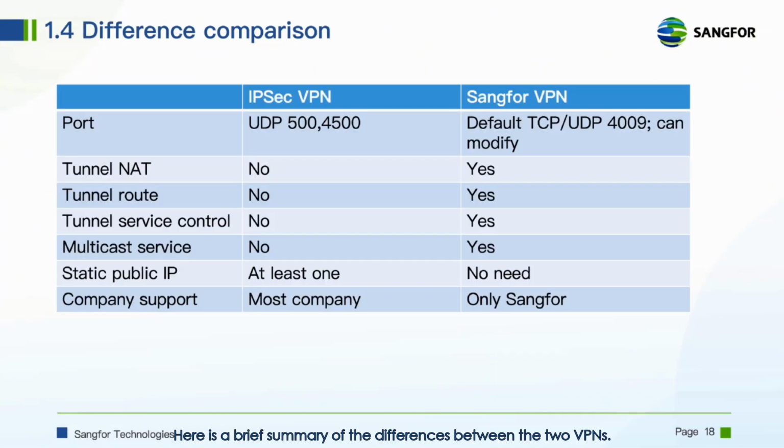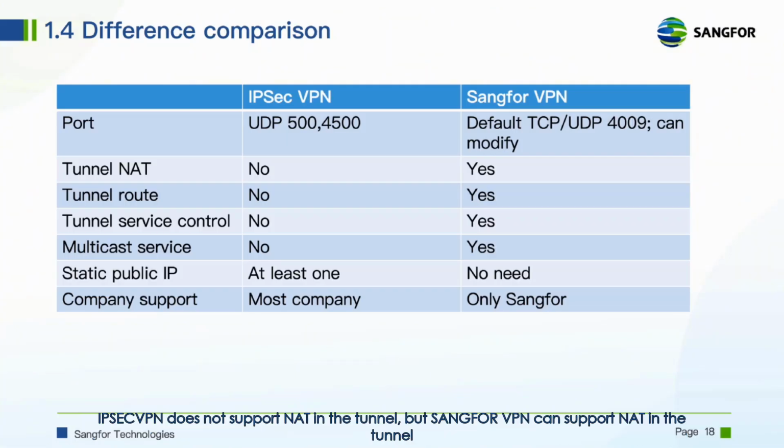Here is a brief summary of the differences between the two VPNs. First of all, IPSec VPN uses UDP port 500 and 4500, and the port cannot be modified. However, Sangfor VPN uses TCP or UDP port 4009 by default and supports modification. IPSec VPN does not support NAT in the tunnel, but Sangfor VPN can support NAT in the tunnel.